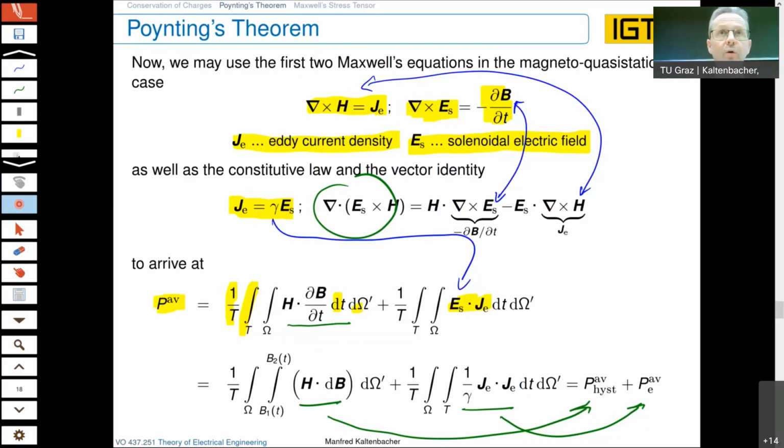Or when we are looking at transformers, it's the same. There we have these steel sheets, ferromagnetic steel sheets, which are very thin in order to make the eddy currents small, so that the ohmic losses, this second part, are small.